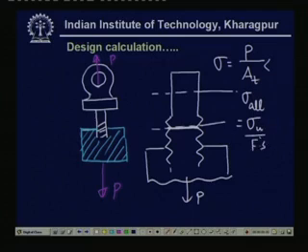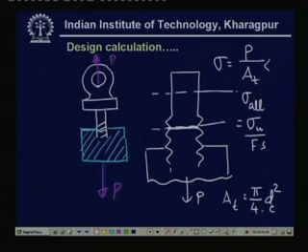Now, given a force P, we have to choose AT such that this condition is satisfied, and we know that AT is pi by 4 dc squared, where c denotes the core diameter.